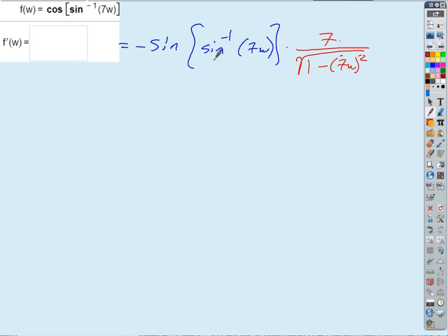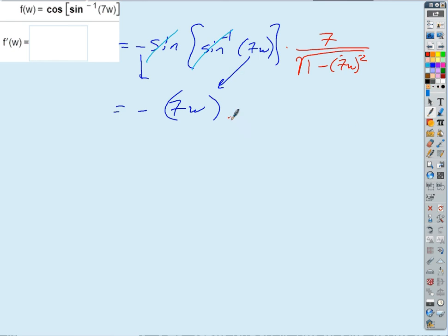And so what happens? The sine of inverse sine of you name it is what? You name it, right? It's whatever's in the middle. The sine of the inverse sine of hand is just hand. They cancel each other, right? So we end up with this negative 7w, right? Times whatever this gives us.